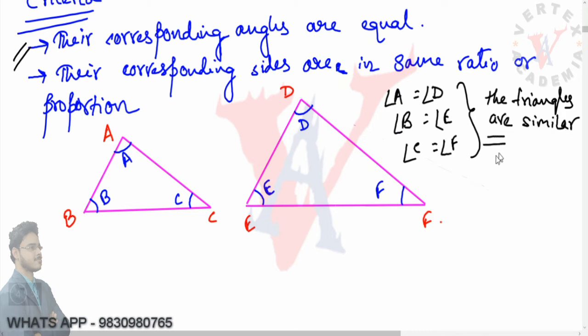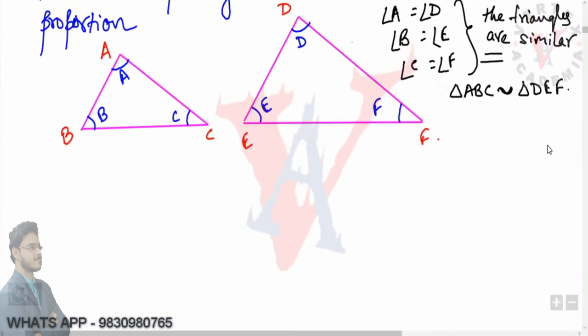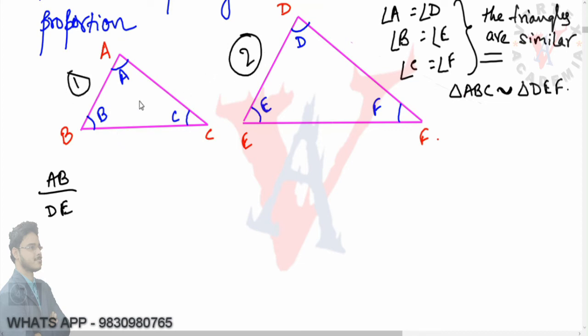To write that mathematically, we write triangle ABC is similar to triangle DEF. And the second criterion, their corresponding sides are in the same ratio. Let me call this the first triangle and this the second triangle. In the first triangle we take any side, for example AB, and its corresponding side will be DE.